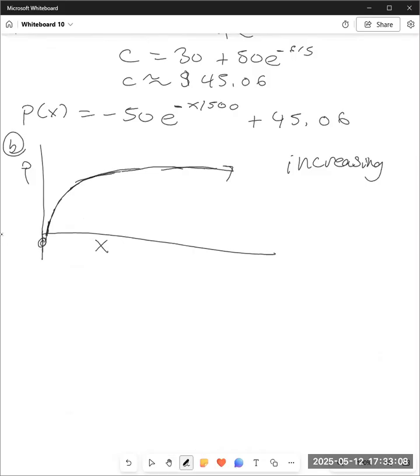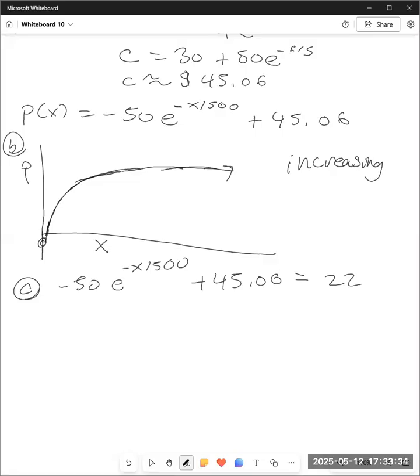Just use the calculator to do the arithmetic. If the teacher wants to show you how to use the graphing calculator to do this, I'll let the teacher do that in class. So we want to take our equation here. We want to set that to $22 for the price.